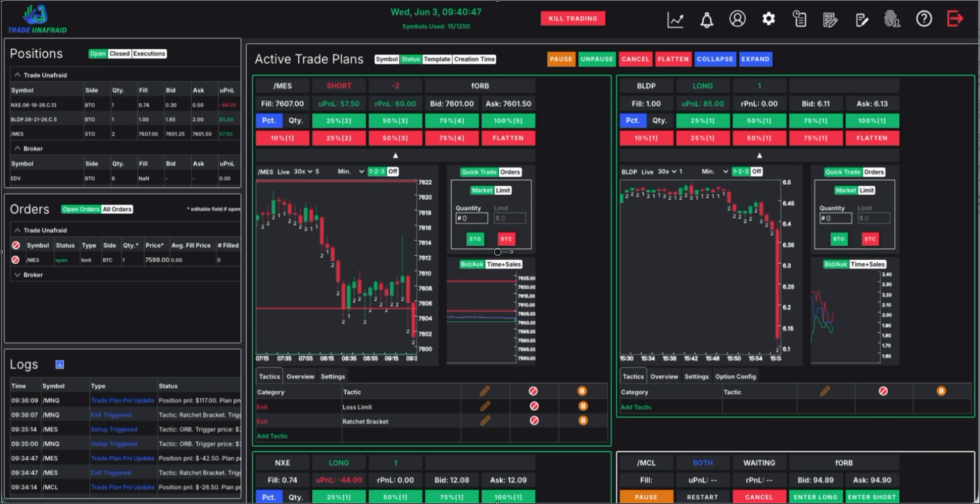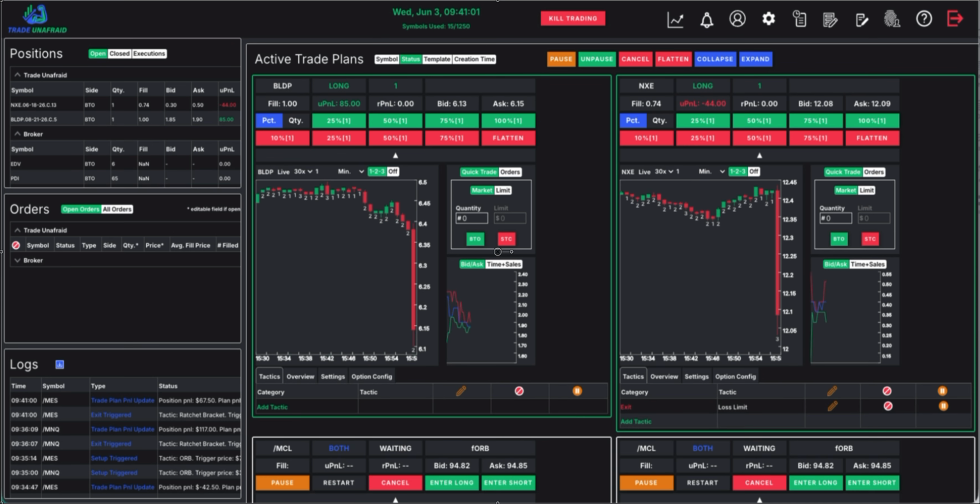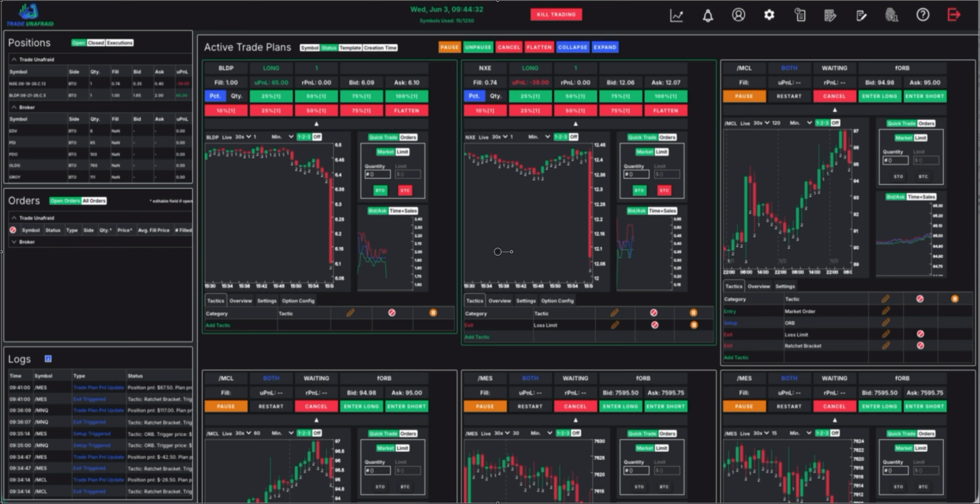There's the third target hit. So we have 2 left now, 1 target and 1 with a runner. Okay, but it stopped out. So the final there was 67.50. So now I'm going to go to the next trade.